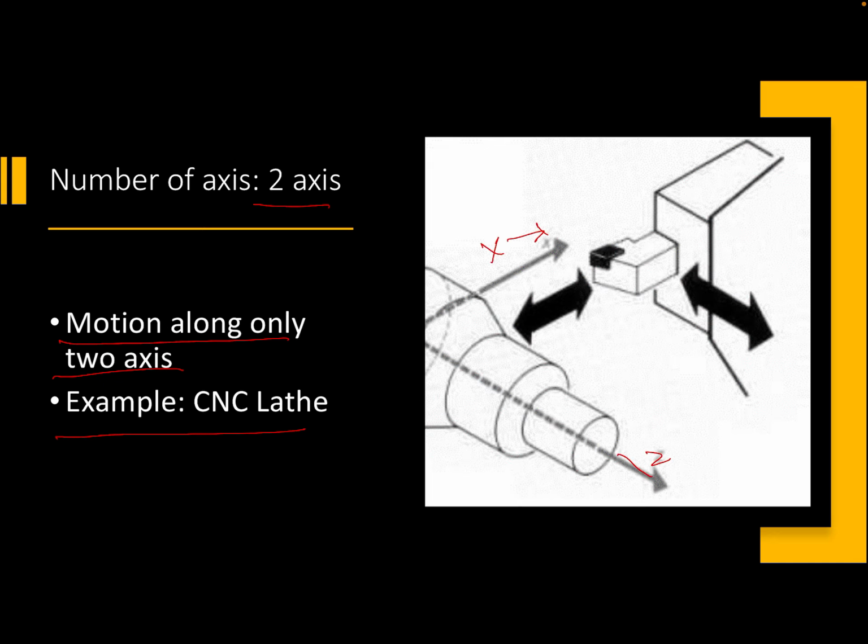In a lathe machine, the tool moves only along the 2 axes, x and z. So such machines are known as 2-axis CNC machines.